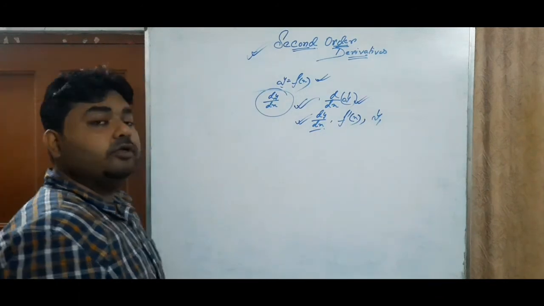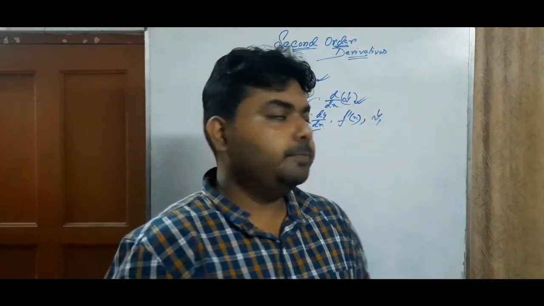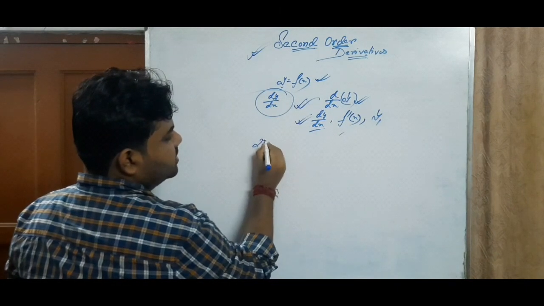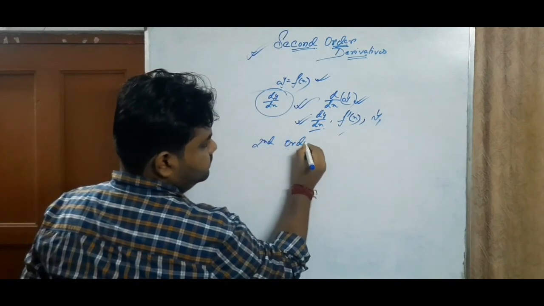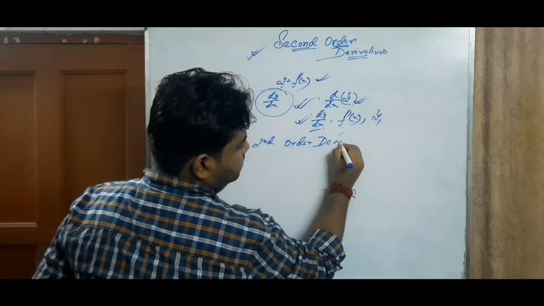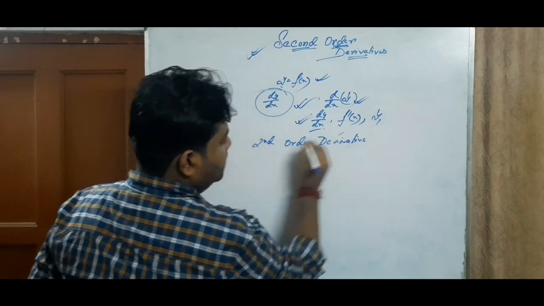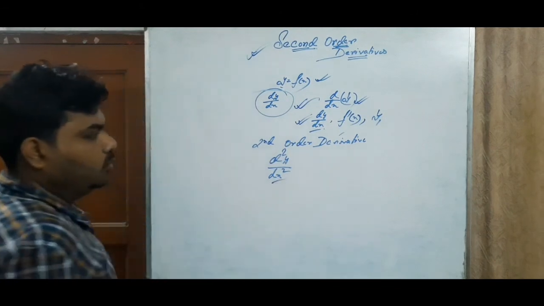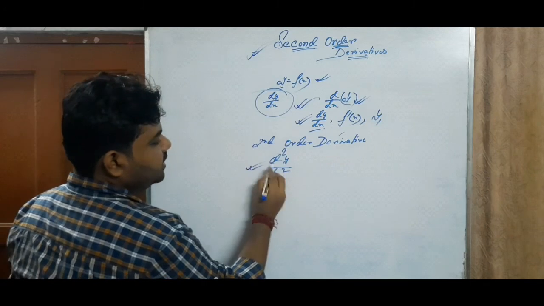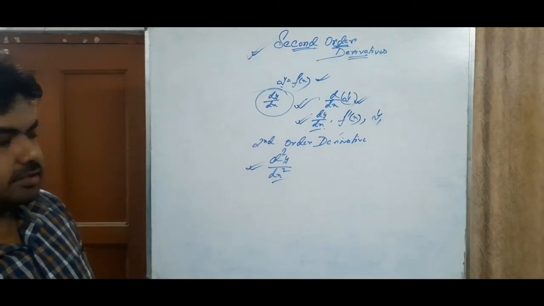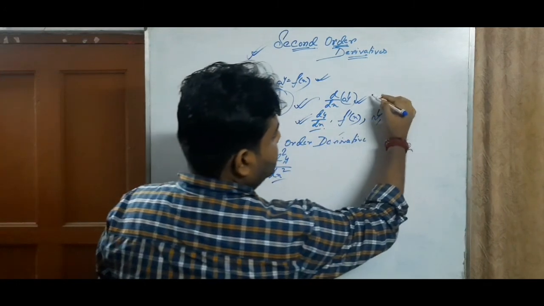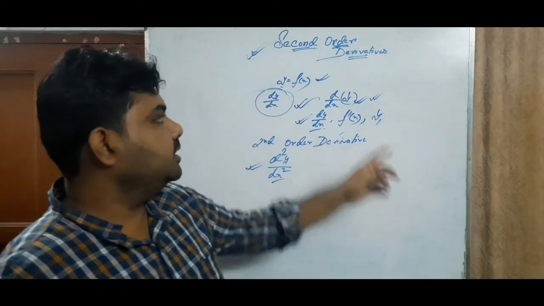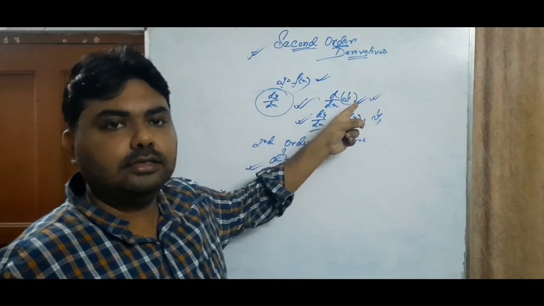Now how can we represent the second order derivative? We use d2y by dx square. Why do we represent it with d2y by dx square? During first order derivative, that is the derivative for the first time, it is d/dx of y.